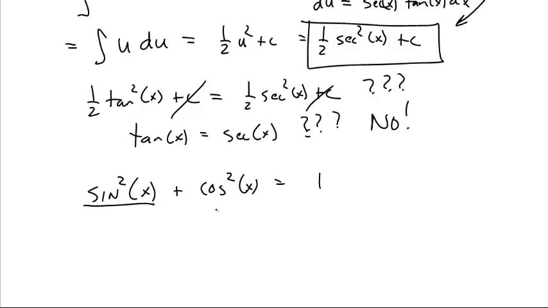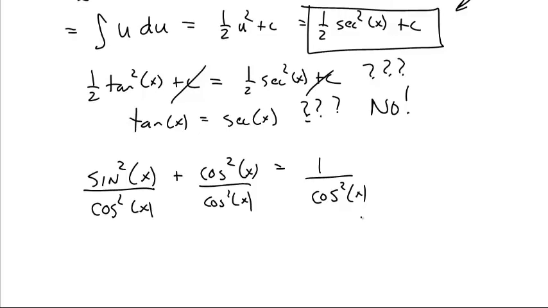If we divide both sides by the cosine squared of x, what do we get? Sine squared over cosine squared is tangent squared. Cosine squared over cosine squared is 1, and 1 over cosine squared is secant squared. This is the underlying identity that's going on.